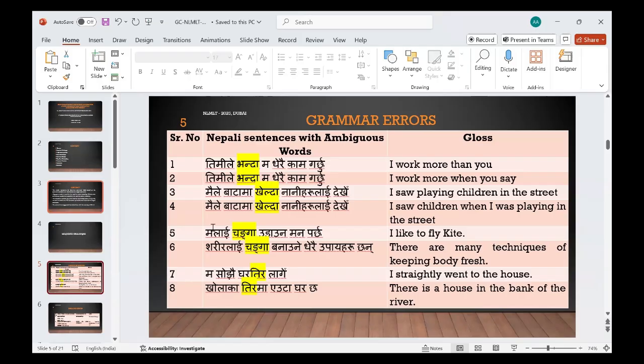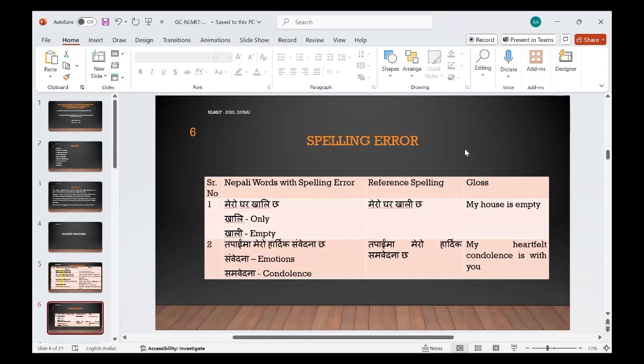Now the second part is spelling error. I have collected two such examples. Mero ghar khali cha means my house is empty. In Indian languages there is a vibhakti, which means postposition. On one side, on the left-hand side, a letter has a vibhakti, or postposition, and similarly khali is written with a different side marking.